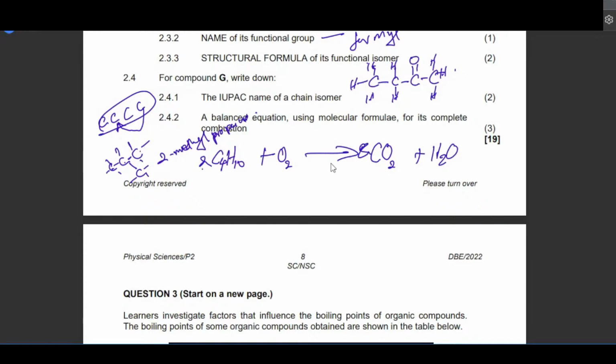So the carbon atoms are 8. What about the hydrogens? This and this is 20. I have 10, I have 2 here. If I put a 10 here, it's going to become 20.